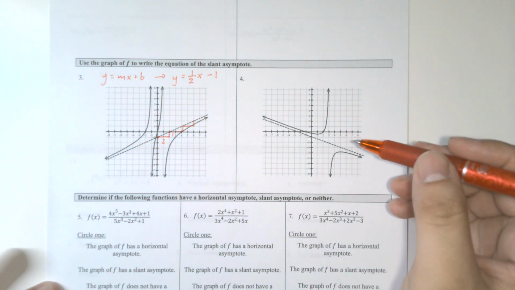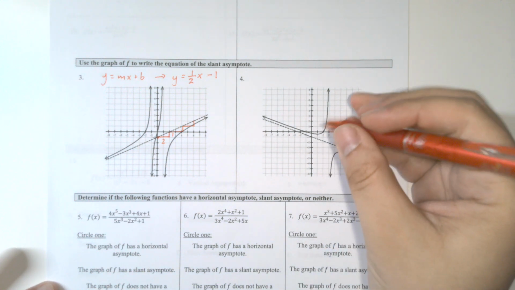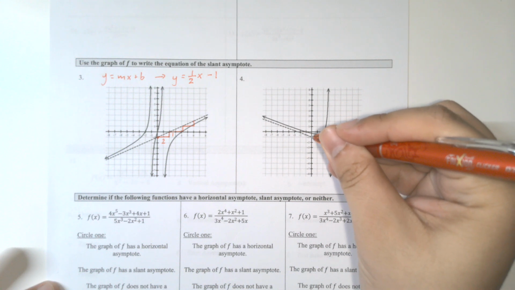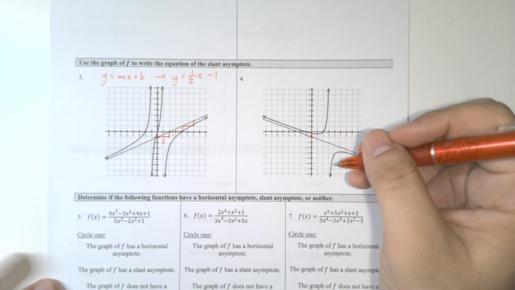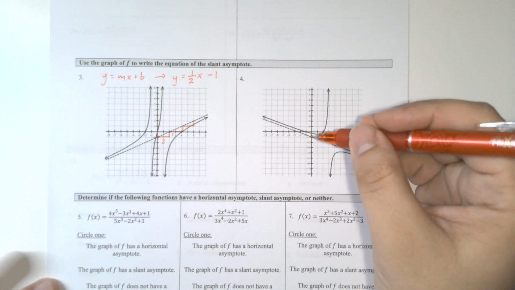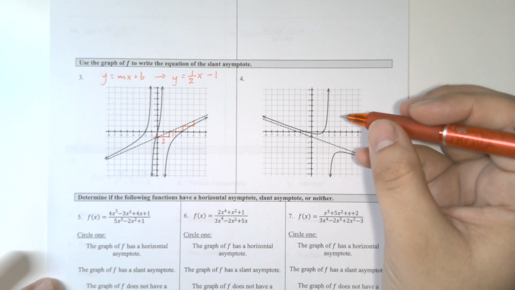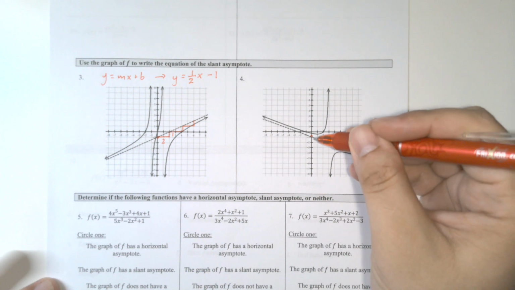Now, what about this one over here? Again, we note that we have a y-intercept of -1 there. But what about our slope? So we want to find lattice points.